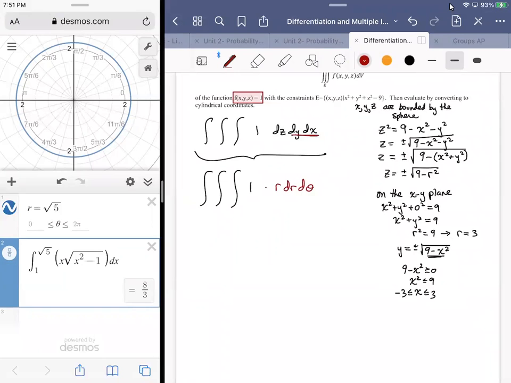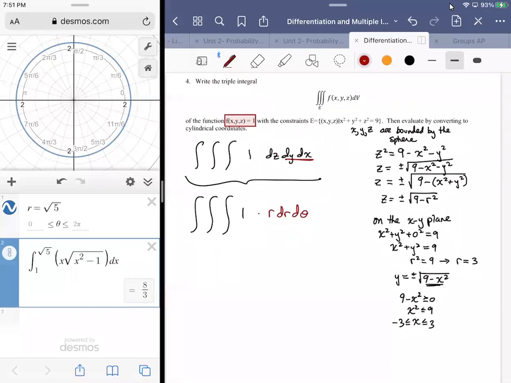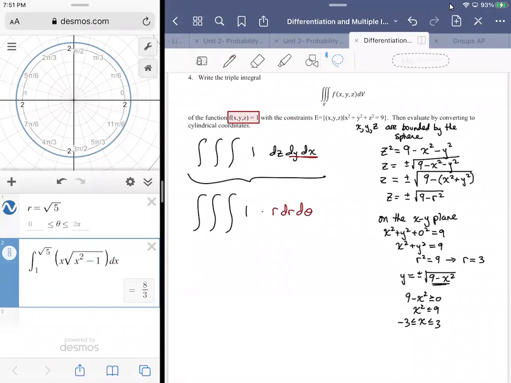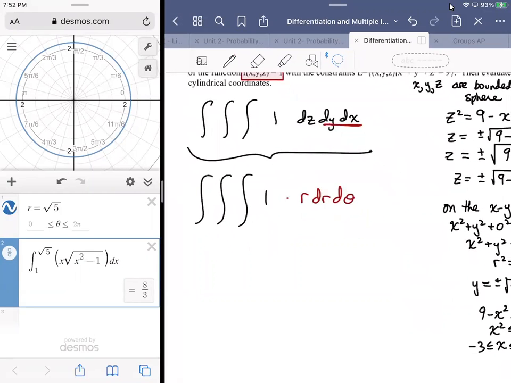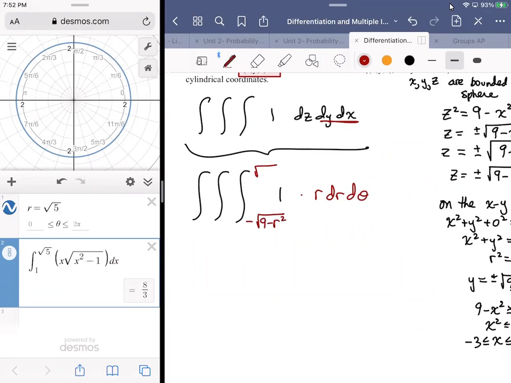All right, so my z bounds, it's not complicated. Actually, I misspoke, I was incorrect. We actually will need both the negative and the positive for z, because it's constrained by the function. So negative square root of 9 minus r squared, positive square root of 9 minus r squared.